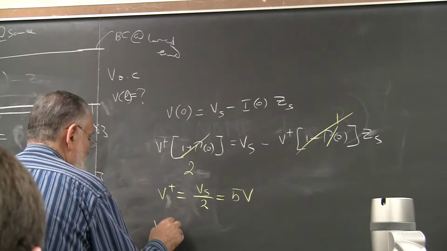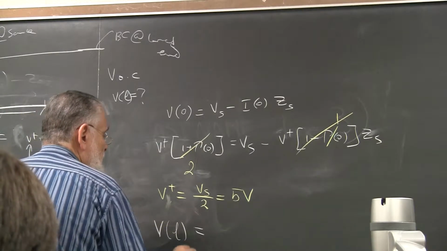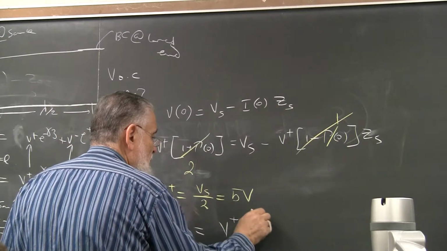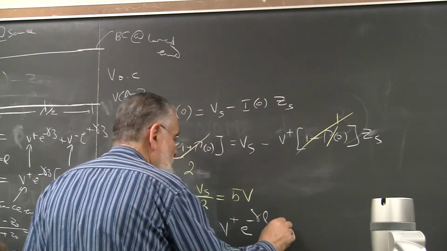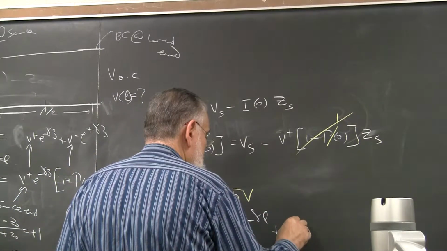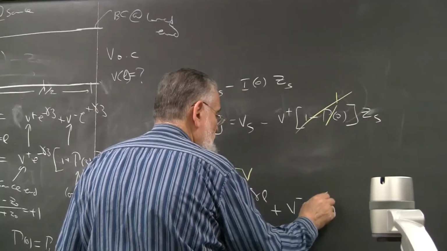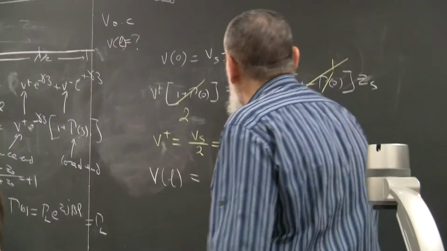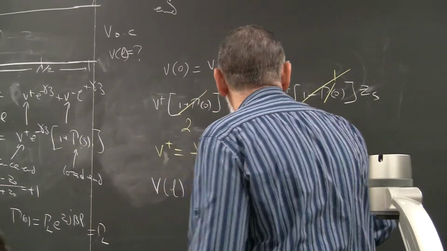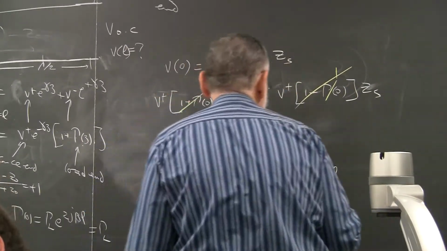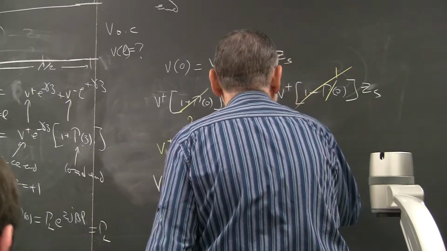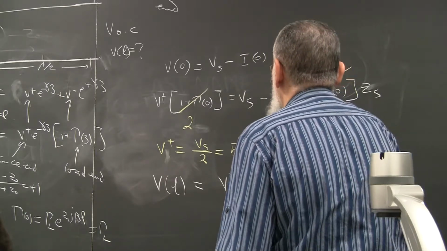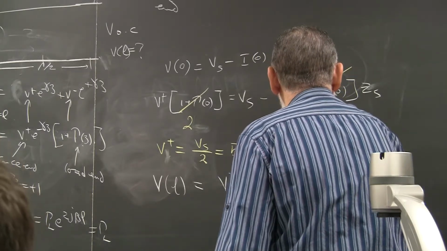V of L is equal to V plus e to the minus gamma L plus V minus e to the plus gamma L, right? Now, remember gamma of 0 is 1, so V minus, if you wish, is equal to the same as V plus, Vs over 2, which is 5 volts.